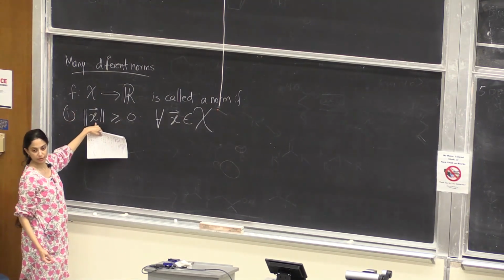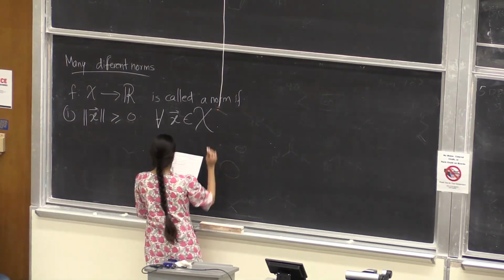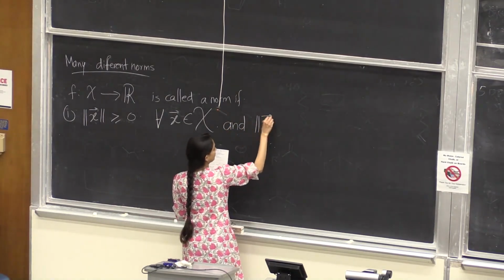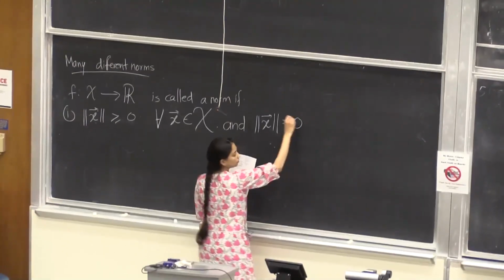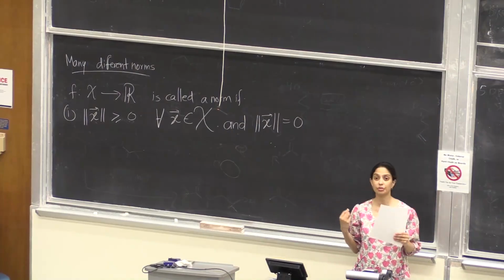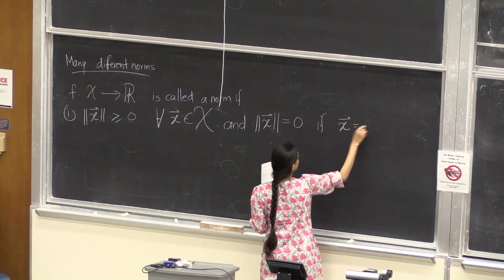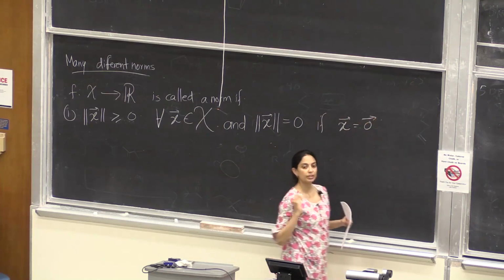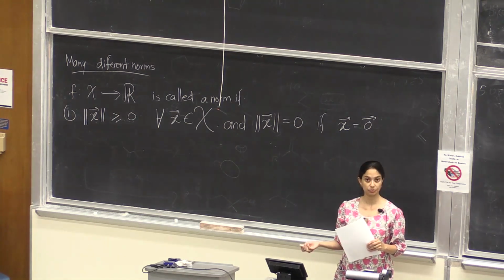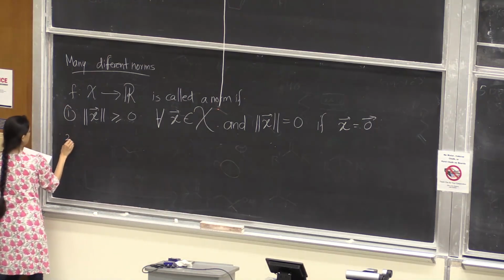This little x with an arrow on top of it is the vector x. And the norm of this vector is equal to 0 only under exactly one circumstance. What is the circumstance under which the norm is allowed to be equal to 0? Well, if the vector itself is the 0 vector. You can never have a vector that is not the 0 vector have its norm be 0. That's property number 1 of all kinds of norms.